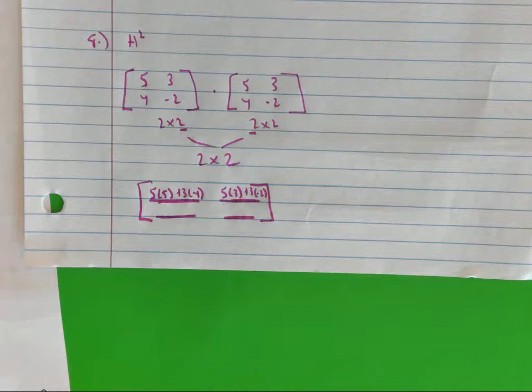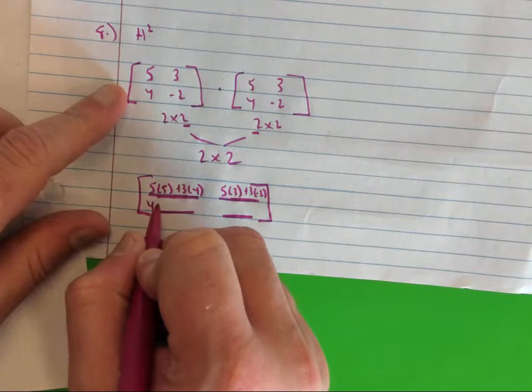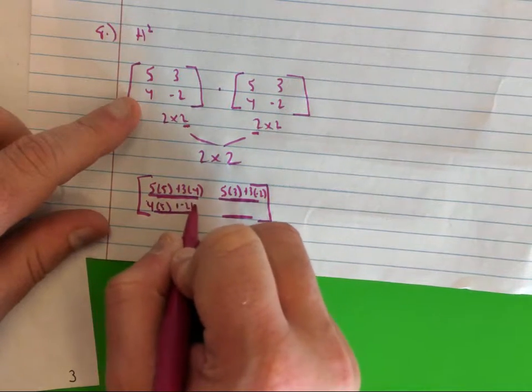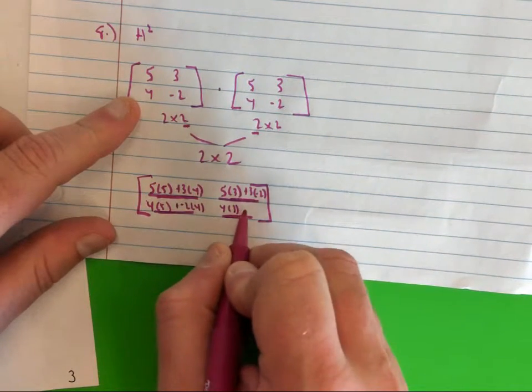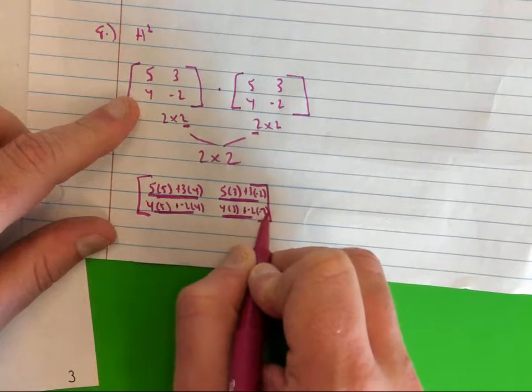Okay, let's look at the next one. So I finish that row, go to the second row. Holly, so it's going to be 4 times what, hon? 5 and then negative 2 times. Very good. And then 4 times what, guys? 3 and negative 2 times what? Negative 2.